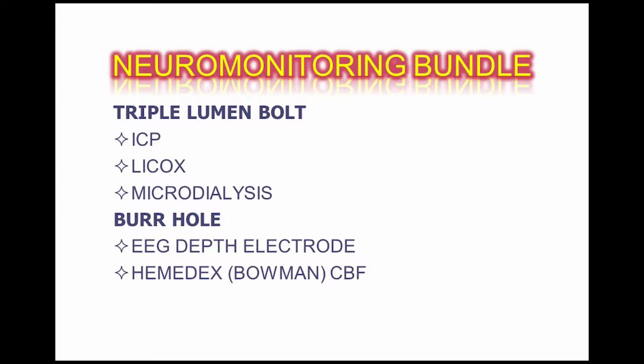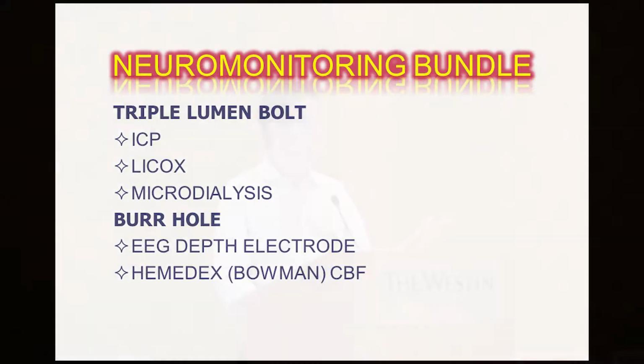So that became our standard montage of monitoring for trauma, poor grade SAH or ICH. And then we expanded that beyond to patients with refractory status epilepticus, with encephalitis, and even patients with cardiac arrest.